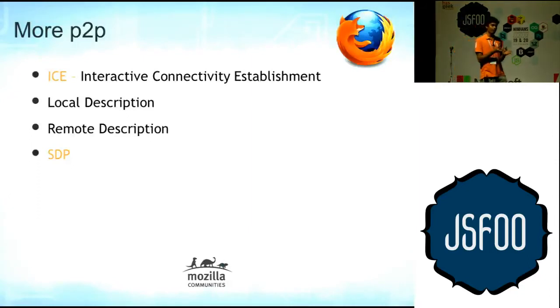You have a local description about the call which is generated. Then you send over the local description to the callee, and the callee has the remote description. Based on the remote description, it generates its own local description and sends it back to the caller. So basically, what's taking place is a session description protocol called SDP. You establish a session between the 2 peers.